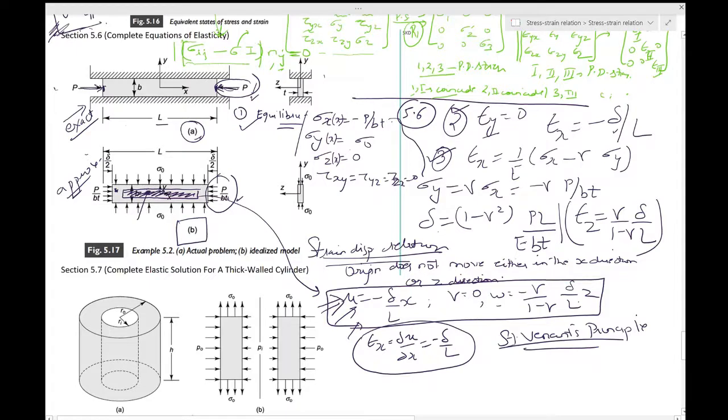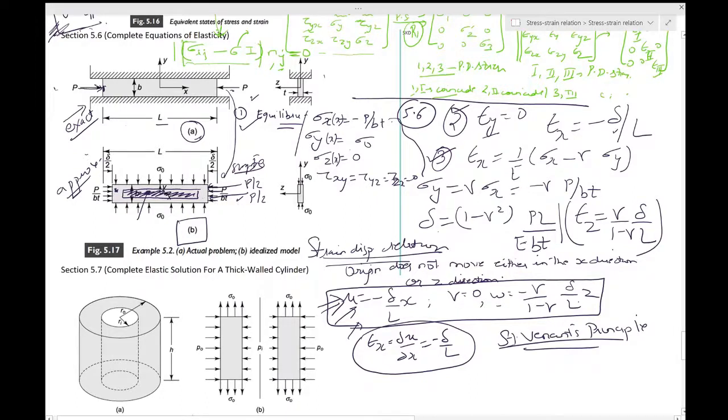The basic idea is that if you have something which is very complicated at the boundary, and you don't really know how to solve that, you can take something simpler. Of course, the total force has to still be P. So you can take an assumption like this, in which P by 2 acts and P by 2 acts. Or P by 3 acts in 3 parts. You can keep on doing that.